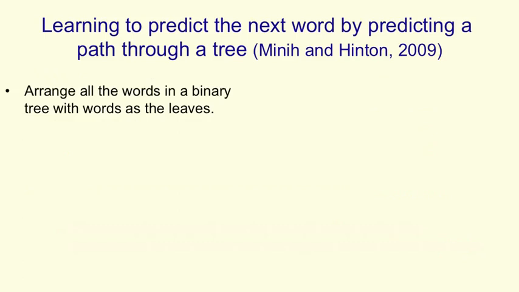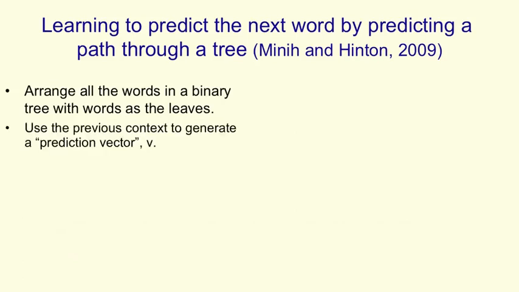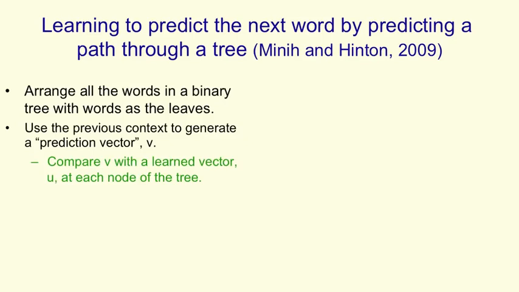A different way to avoid a great big softmax is to structure the words into a tree. So we arrange all of the words in a binary tree with the words as its leaves. We then use the context of previous words to generate a prediction vector V. We compare that prediction vector with a vector that we learn for each node of the tree.